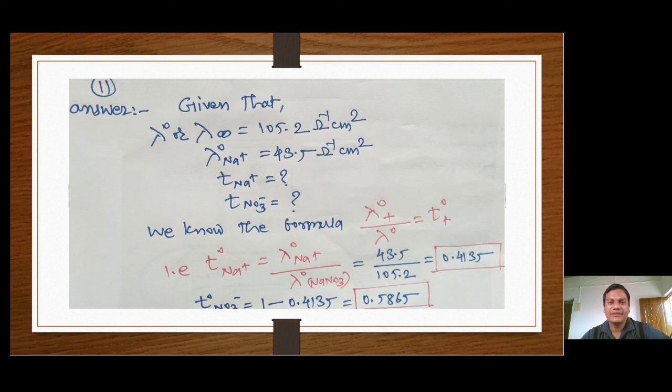You can memorize it: the transport number of any cation is equal to the equivalent conductance of the cation at infinite dilution divided by the equivalent conductance at infinite dilution for the whole salt. So T0 Na plus is equal to lambda 0 of Na plus upon lambda 0 of the whole salt NaNO3. Put the values 43.5 upon 105.2 and calculate 0.4135. After subtracting this value from 1, you will get the transport number of NO3 minus.